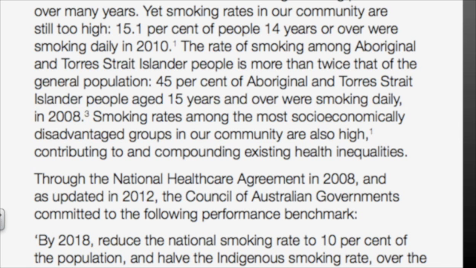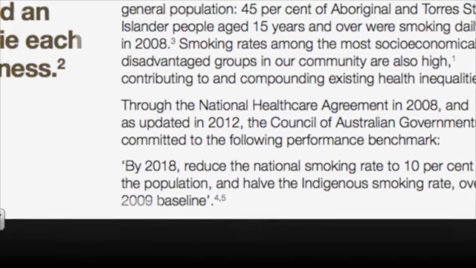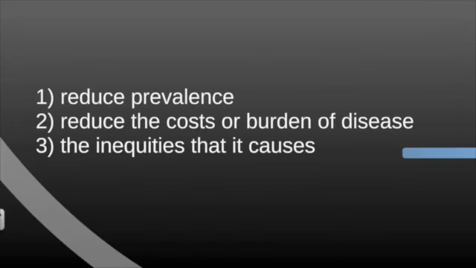So by 2018, the aim of the National Tobacco Strategy is to cut the rate of smoking from 15 to 10%, and also halve the amount of HSC people who are smoking. So get it from roughly 45% somewhere into the 20s is the aim of the National Tobacco Strategy.